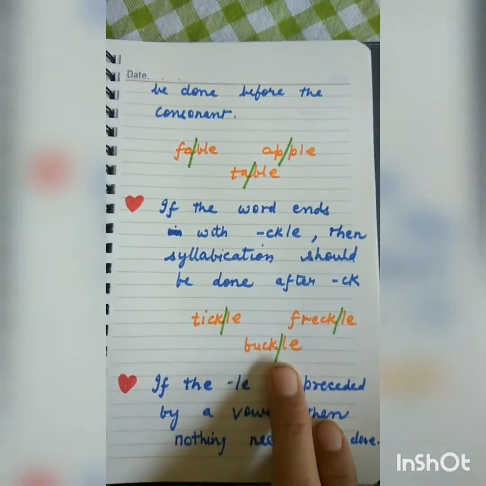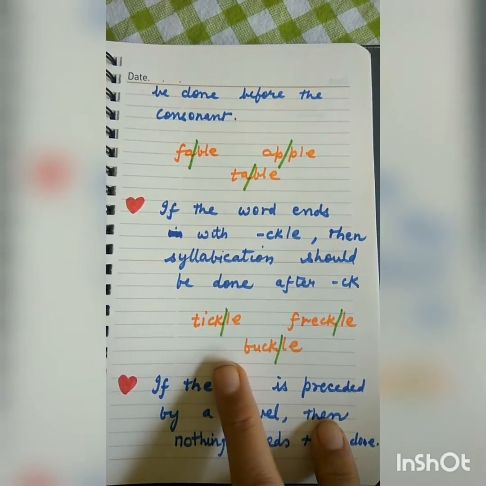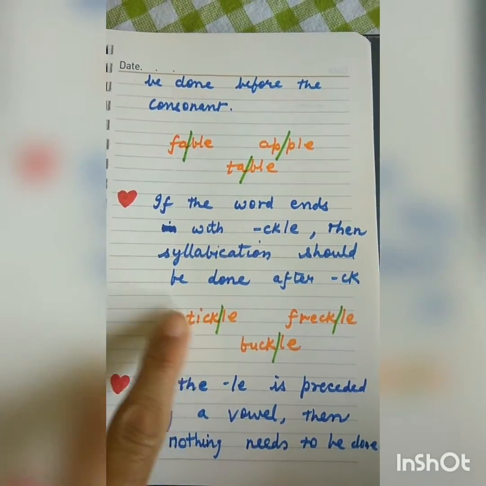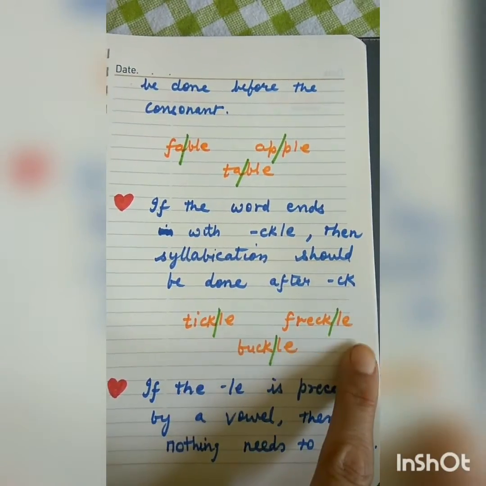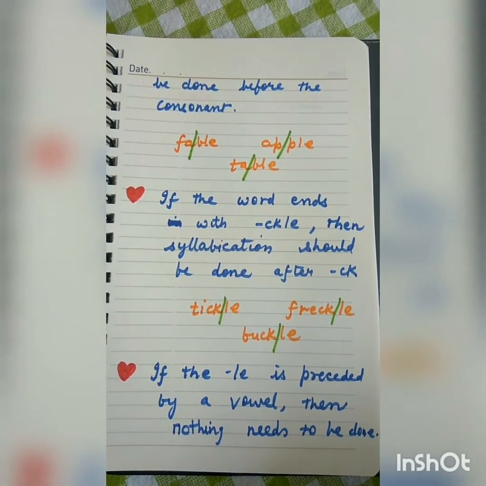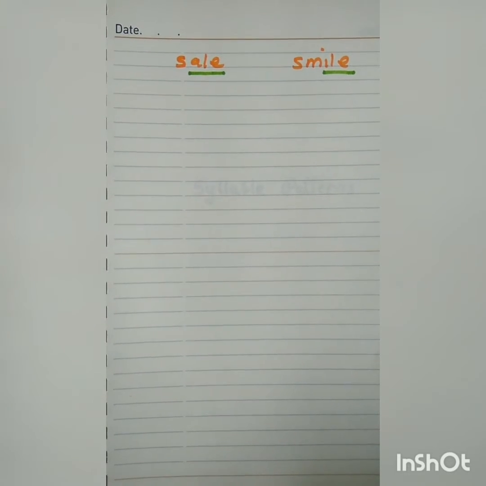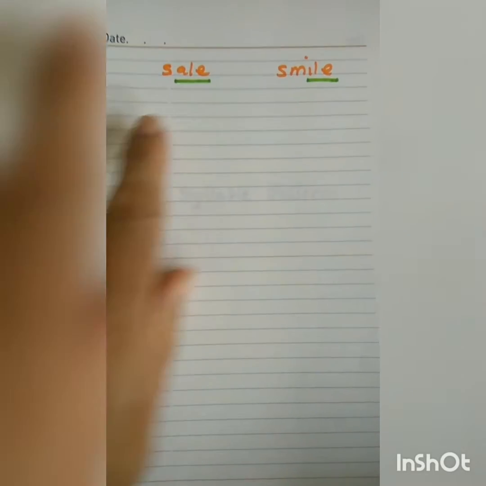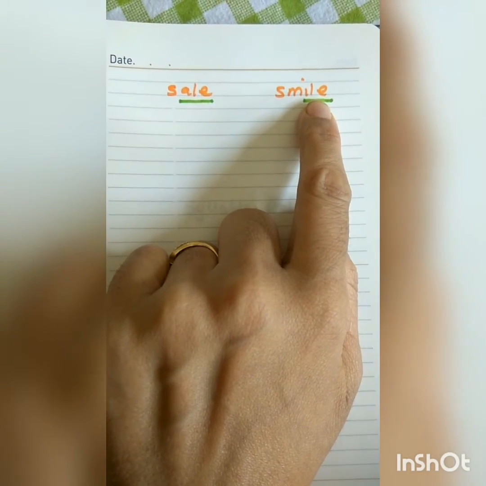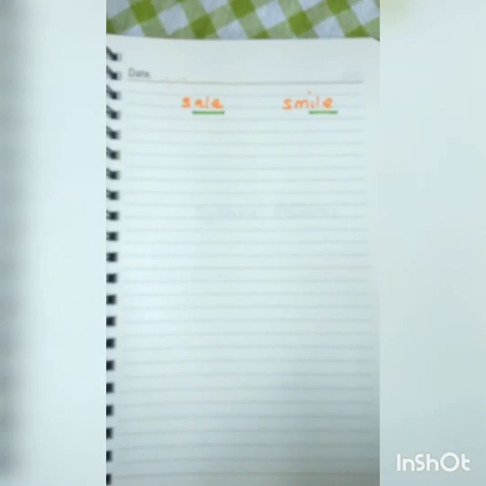But if the K is coming as CK, then the division has to be after the CK. Tickle, so tick-le. Frickle, buckle. If the LE is preceded by a vowel, then nothing needs to be done. Example, sail, smile. There is an A before LE and here an I before LE, but nothing has to be done. These are one syllable words, sail, smile.